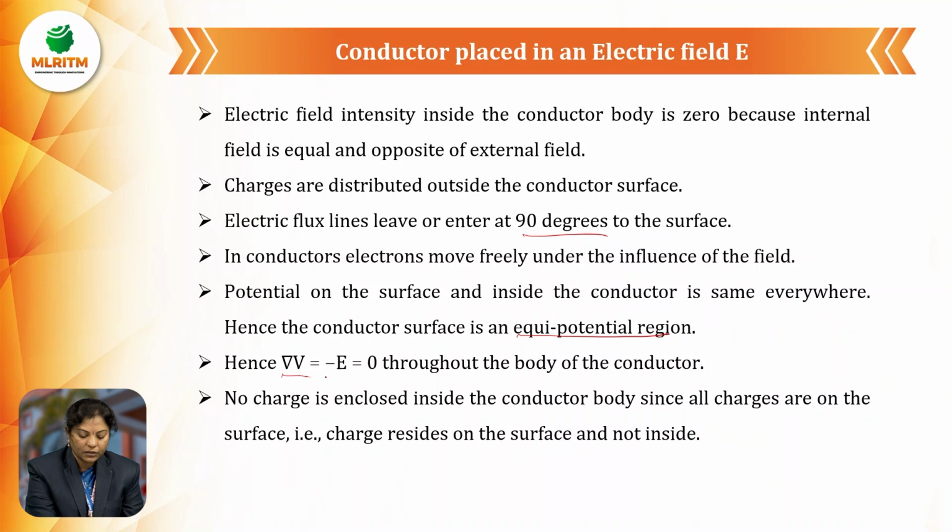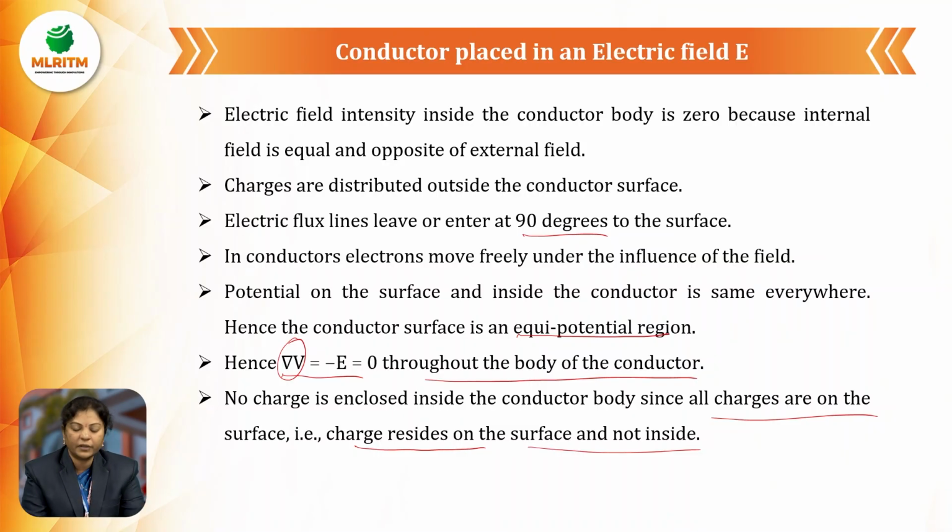As we know, del V, the potential, equals minus E, which equals 0 throughout the body of the conductor. No charge is enclosed inside the conductor body, since all charges are on the surface only. That is, charge resides on the surface, not inside. This is what happens whenever a conductor is placed in an electric field.